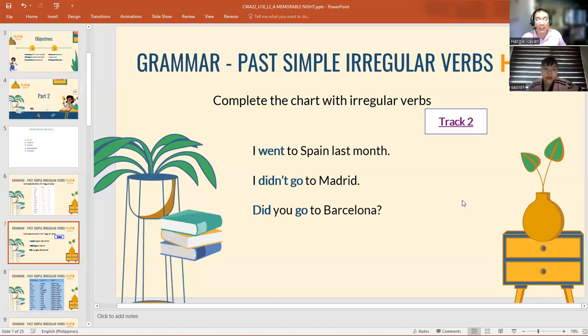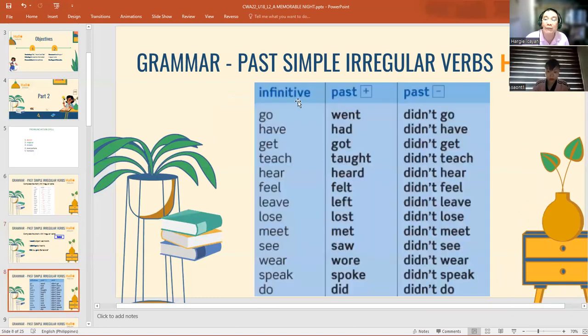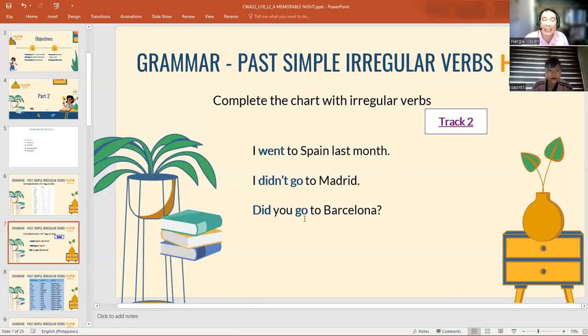Actually, if you're talking about the negative statement, we usually use the infinitive form of the verb, wherein we don't change our verb into its past form. So it should be the infinitive.